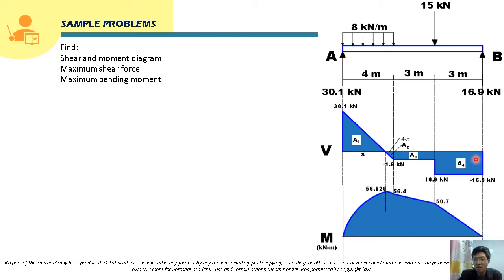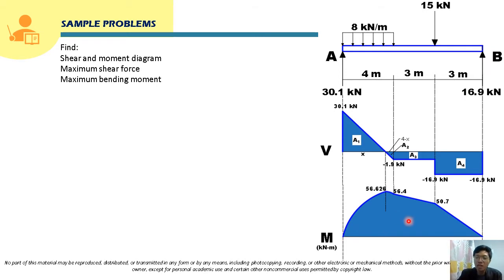And the moment at a distance of 10 meters from the left, we already computed that that is 0. It has to be really 0. The moment at the endpoints, A and B, should really be 0 because there is no moment reaction or applied couple or moment at the end points.